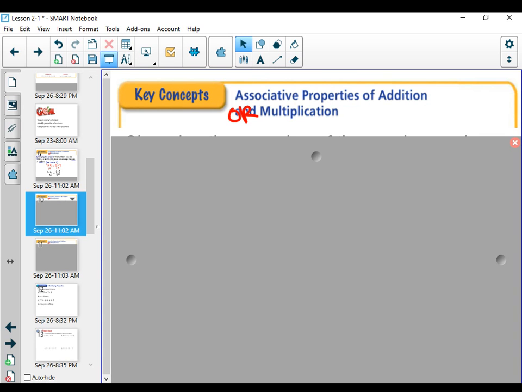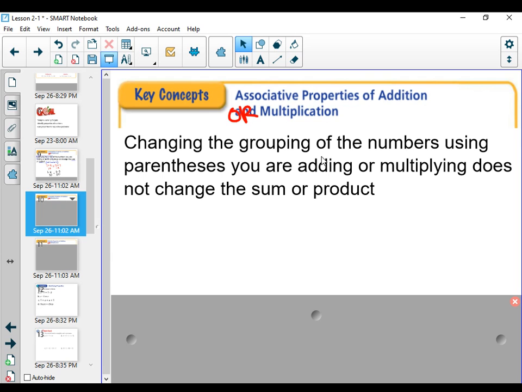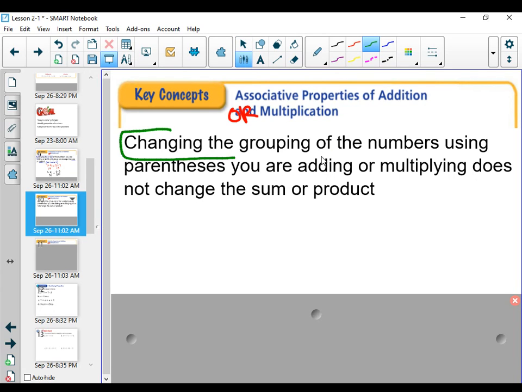Second property, associative property of adding or multiplying, not both at the same time. This one says changing the group. How do you make a group in math? You have parentheses. You're going to need to pause to write this down.